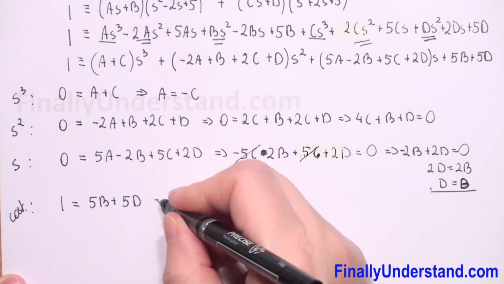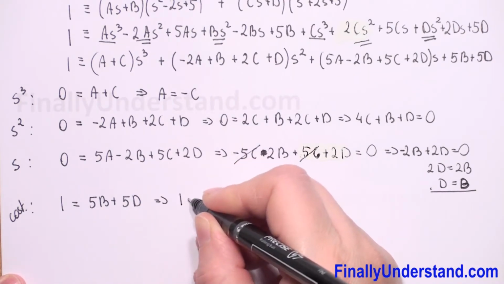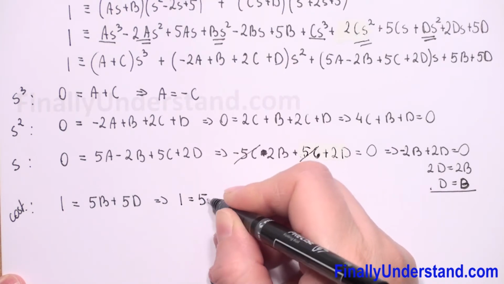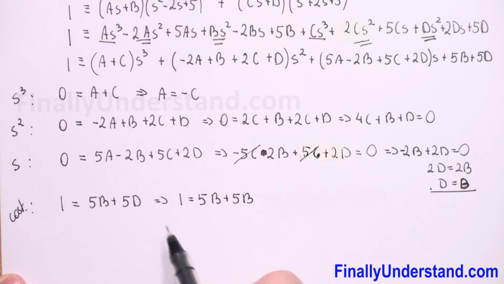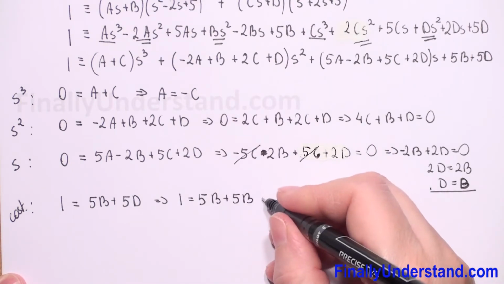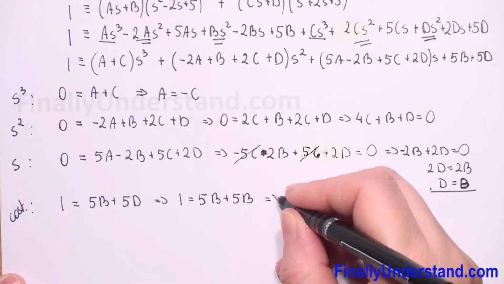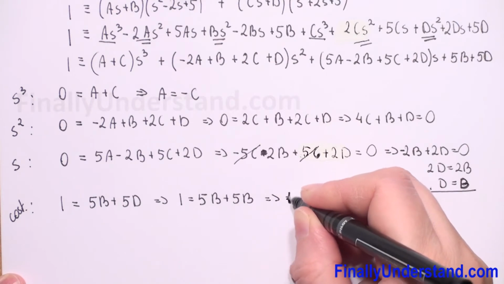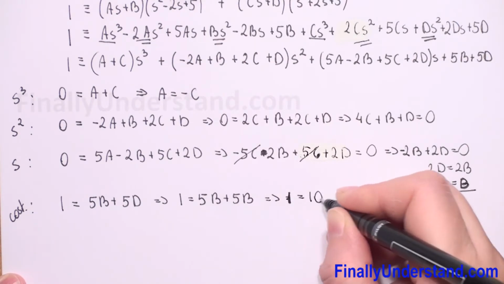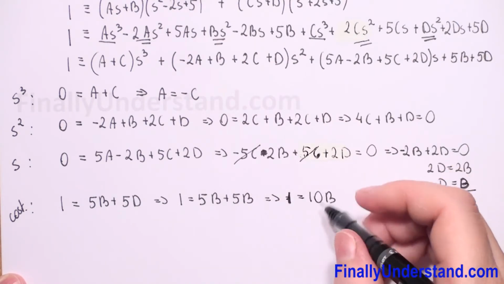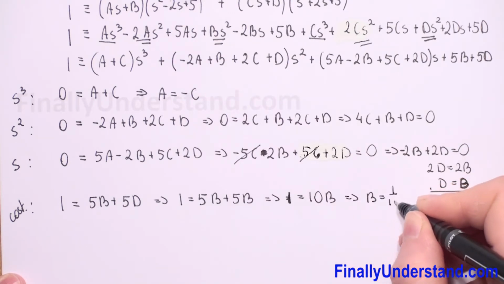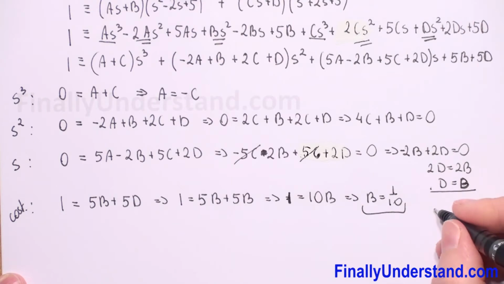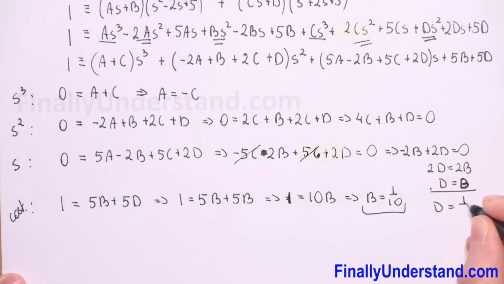So we can rewrite that 1 is equal 5 times b plus 5b. I just substitute d by b. So we have that 1 is equal 10b. We divide both sides by 10, so b is equal 1 over 10. It means d is equal the same, 1 over 10.